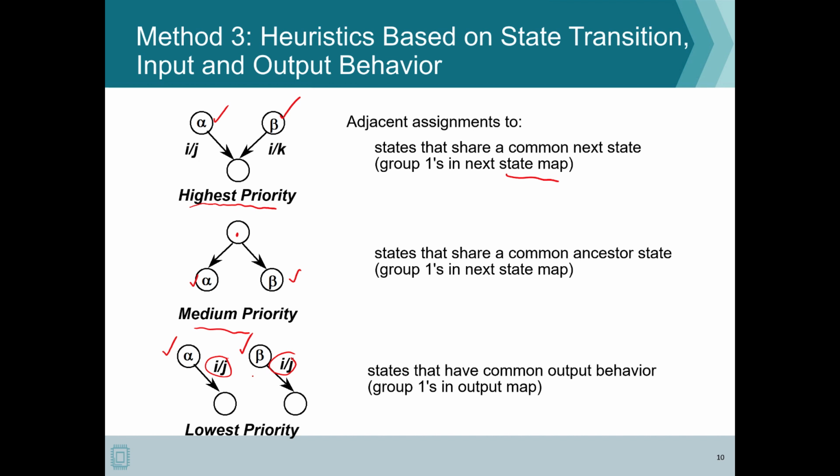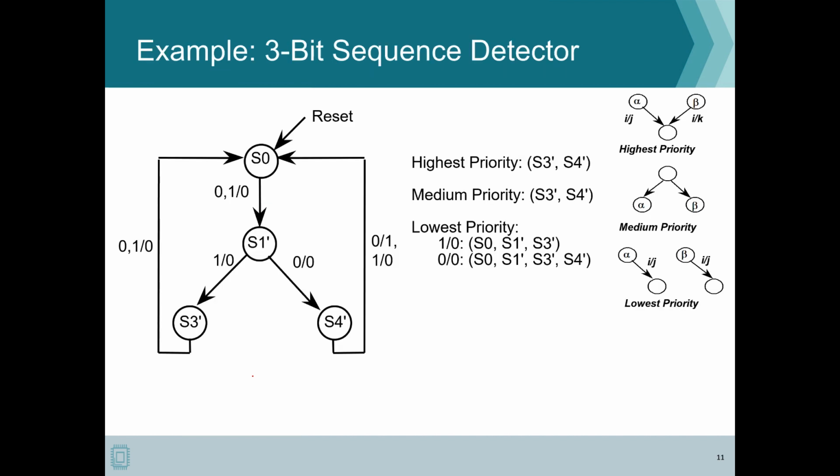So you need to memorize these priorities. As you can see, here is an example where we have states S0, S1, S3 and S4, and these are a reduced state transition graph. That's why we don't have S2.